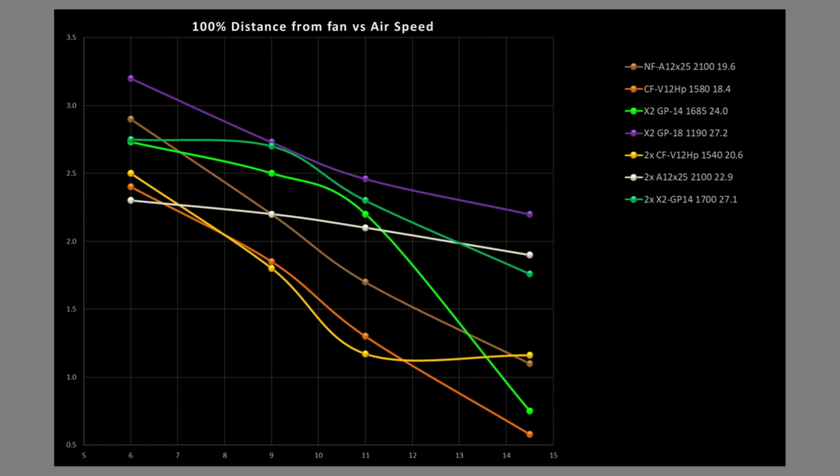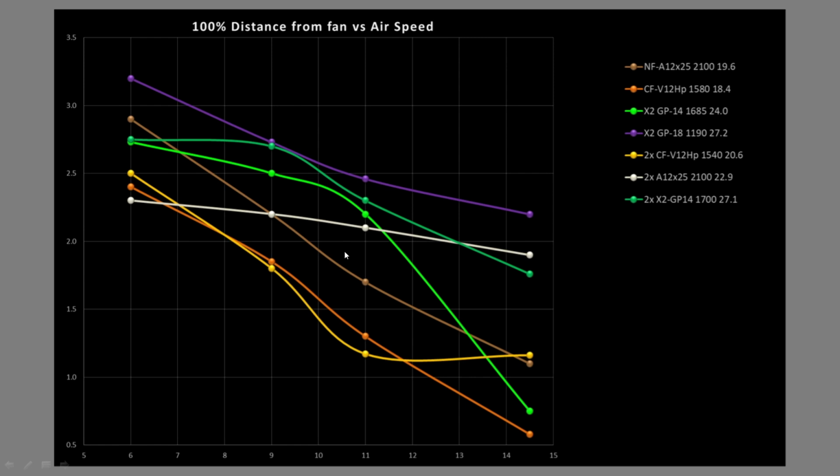But the tricky thing with doing the multi-fan testing, as we will see from the noise test, is that the anemometer is placed in the middle between the two fans, so it just might be a semi-dead zone with a lower airspeed right there.